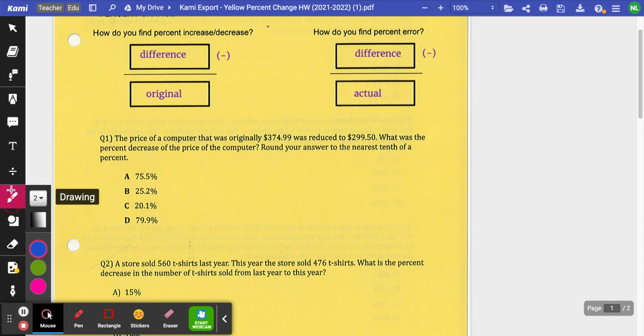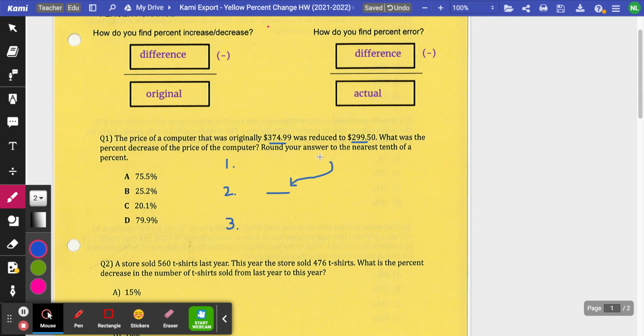So for this one, you're doing your 3 steps: 1, 2, 3. You're first finding the difference between these two numbers. Difference means you subtract. So you do that for step number 1. Step number 2, you put the difference over here in the ratio at the top.